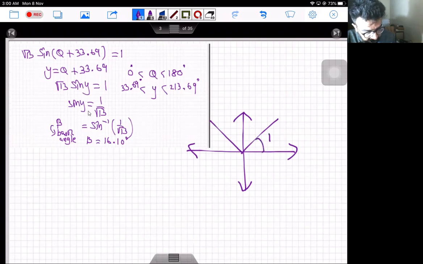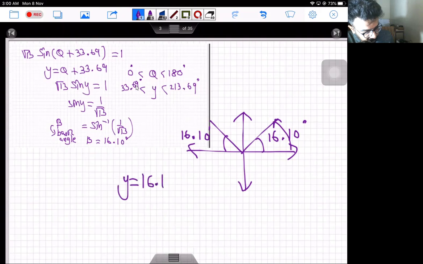So 16.10 over here and 16.10 over here. One solution could be 16.10, but wait, the range of y starts from 33.69. So y equal to 16.10 will be ignored because it is out of the range.